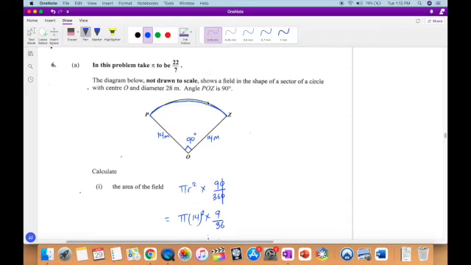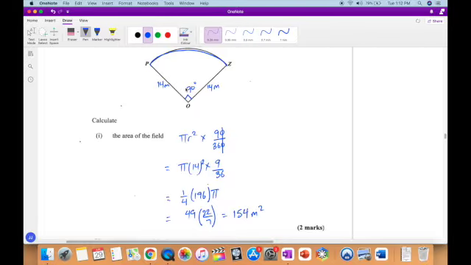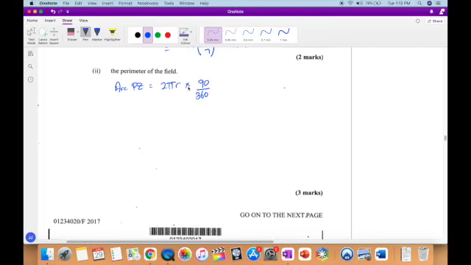We're taking the entire circumference and multiplying it by the fraction of that particular circumference that we're looking for. This is a quarter, and 2 times 14 is 28 pi. So we will now have 7 pi, which is 22/7. Therefore the arc is 22 meters.